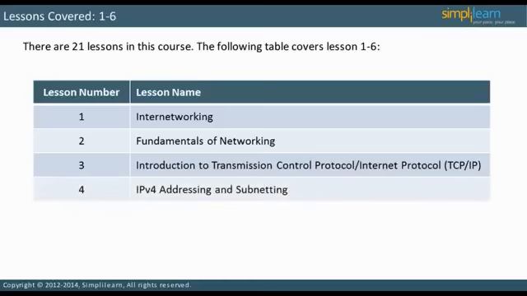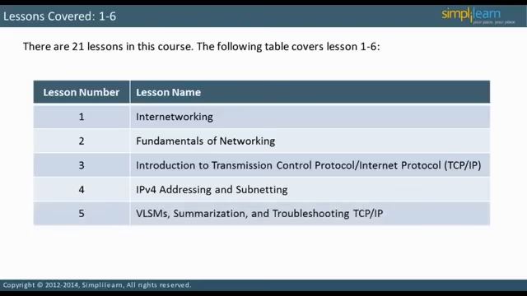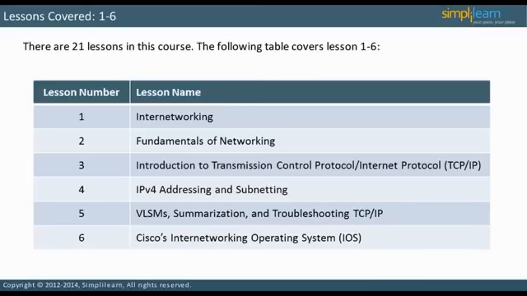Lesson 4 will deal with IPv4 addressing and subnetting. Lesson 5 will discuss VLSMs, summarization and troubleshooting TCP/IP. In Lesson 6, the use of Cisco Internetworking Operating System will be discussed.